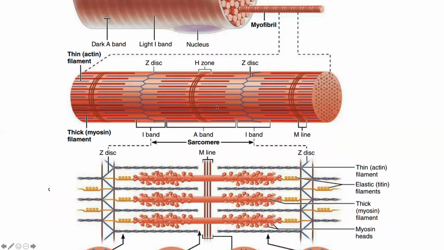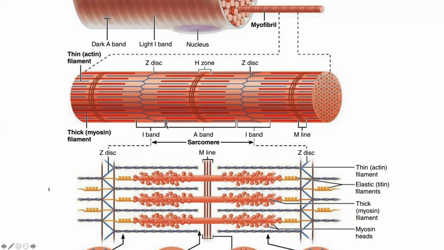We can see the two Z lines. In between two Z lines is one sarcomere. There will be another sarcomere here, another sarcomere here, and on and on. And now we start seeing the I band and A band and M line. What are they?